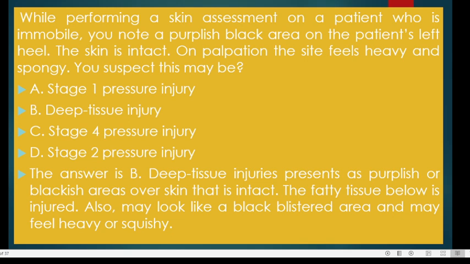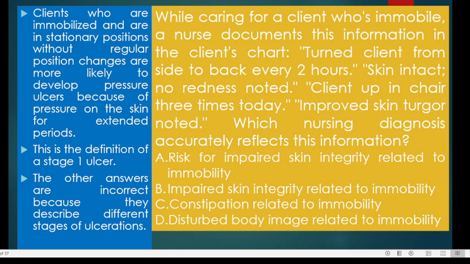They present as purplish or blackish areas where the skin is intact. The fatty tissue below is injured. Okay. Also may look like a black blistered area and may feel heavy or squishy. Great.